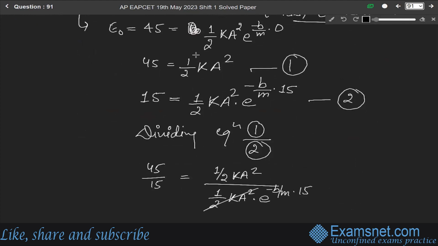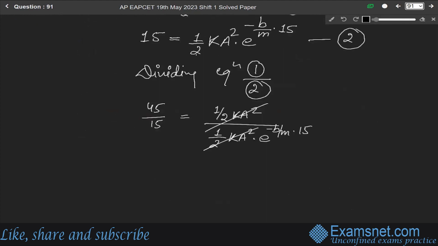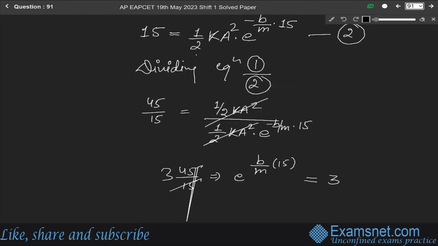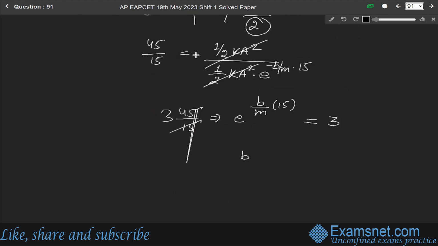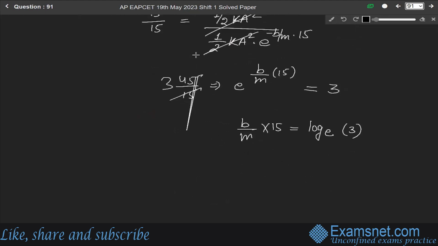The half k A square cancels, so we get 45 over 15 equals e to the power plus b by m into 15. So 15 3s are 45, which means 3 equals e to the power b by m into 15. So we write b by m into 15 equals log base e of 3. And we know that log 3 is equal to what?